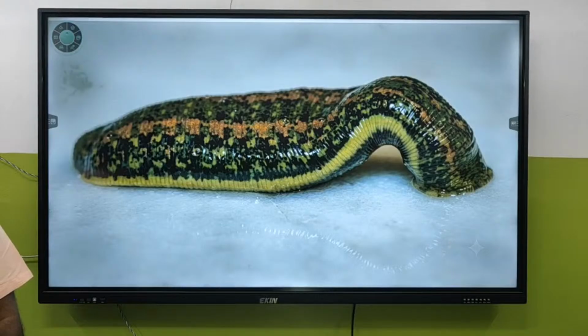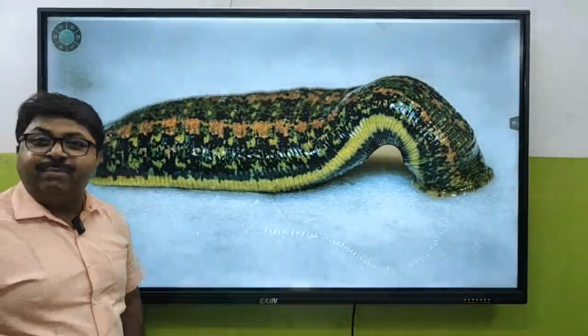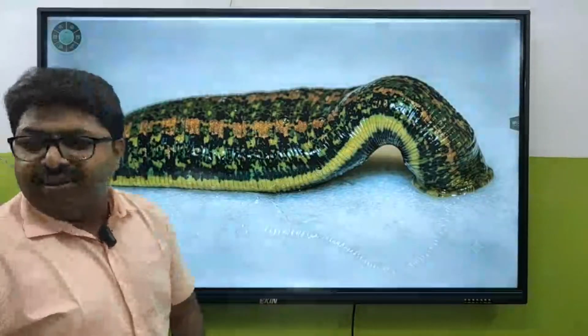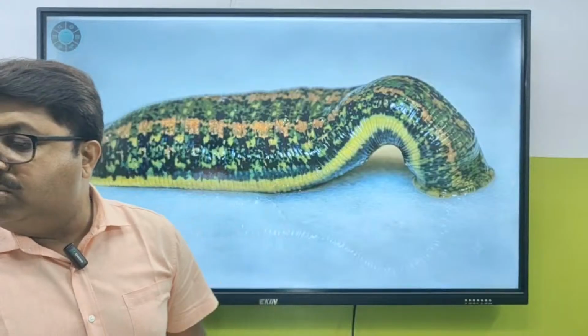This is the medicinal one, Hirudo. Medicinal leech, Hirudo. They help in phlebotomy. They can suck the blood out. Okay?